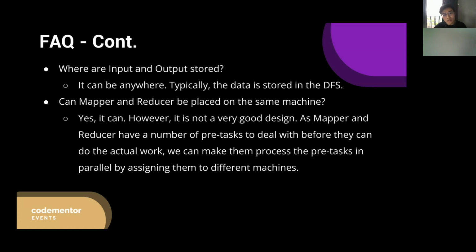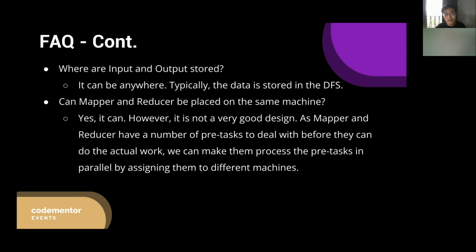Where are input and output stored? The answer is simple too. It can be anywhere. Typically, the data is stored in the DFS, but there are no restrictions. Can mapper and reducer be placed on the same machine? Yes, it can.